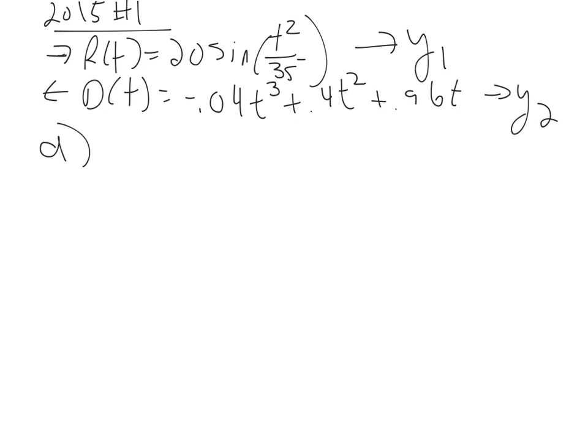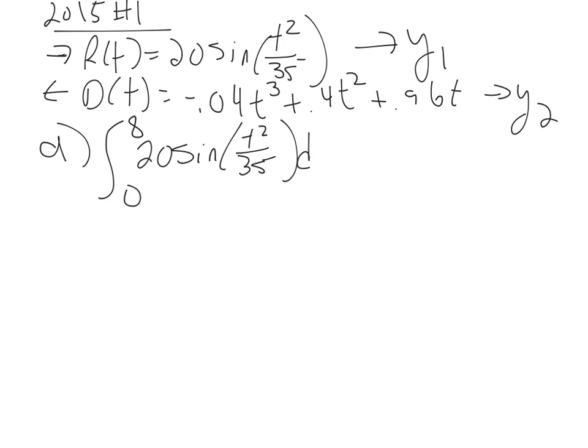Whenever they ask for amount, how many, something like that, that should tell you that you want the integral of the rate. Because that's saying how much total rainwater goes in. So that's accumulation. So part A is from 0 to 8, because that's how long we want, of 20 sine t squared over 35 dt.